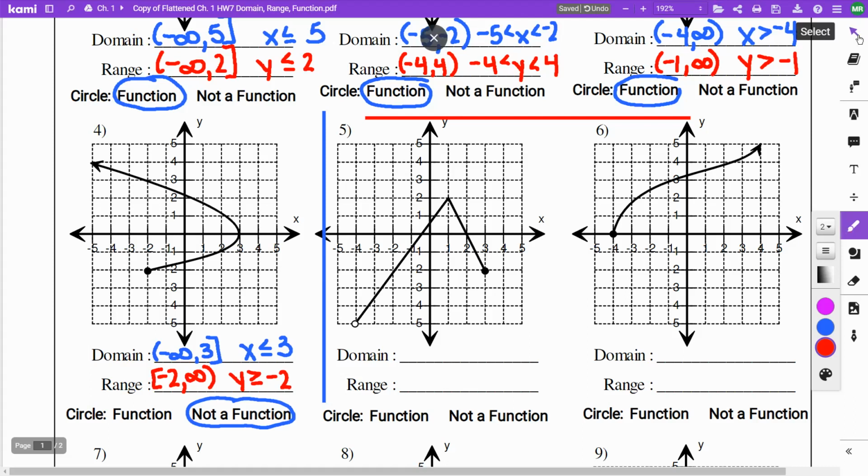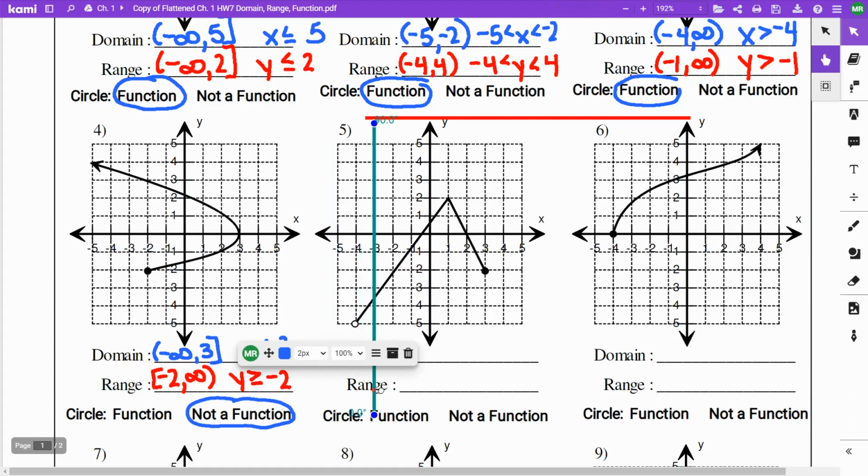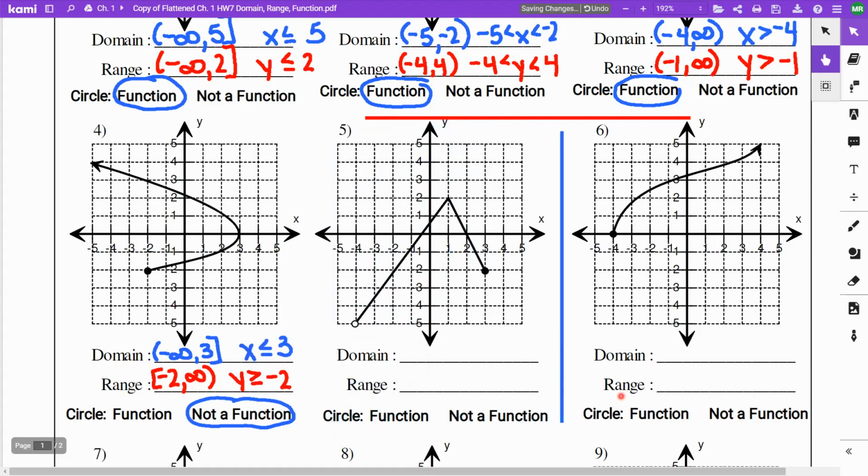On the next one, for my domain, as I'm going across this, you see that everywhere it touches at only one spot, so it will be a function. But the furthest to the left is going to go is -4, but not include it. Furthest to the right is going to be 3. Not include -4, it will include 3.